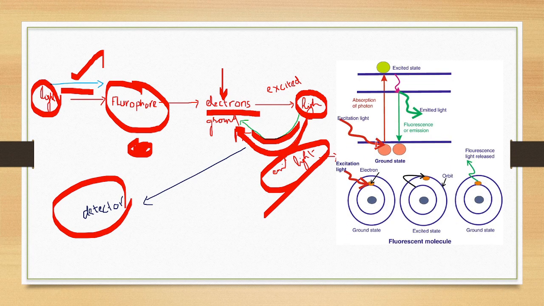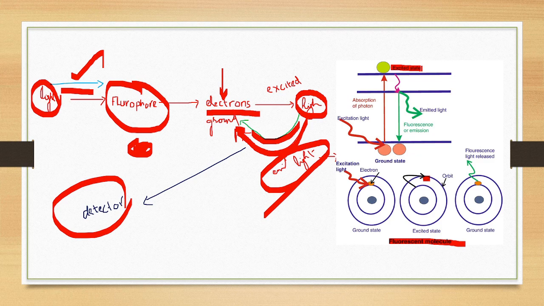This is in more detail, and this is the fluorescent molecule. In this representation, the nucleus with protons and neutrons is there, and electrons are in orbit. The blue light is the excitation light. The electron absorbs these photons, gets excited, and moves to a higher energy level, the excited state.